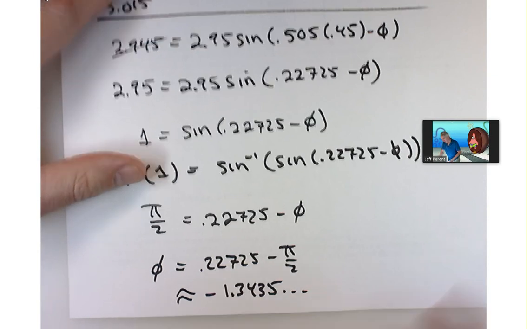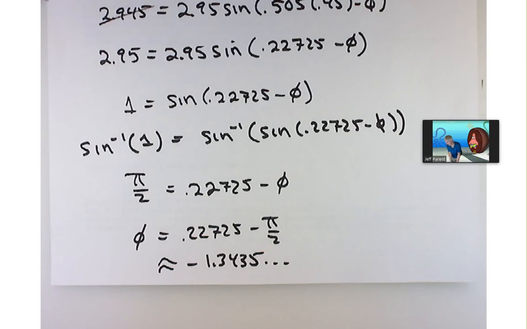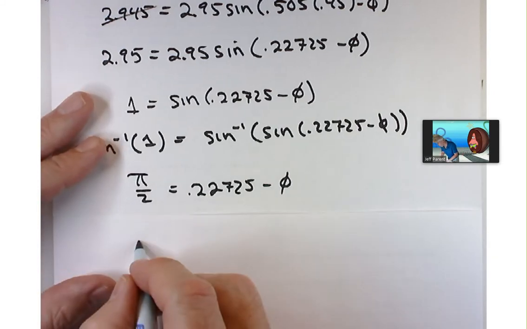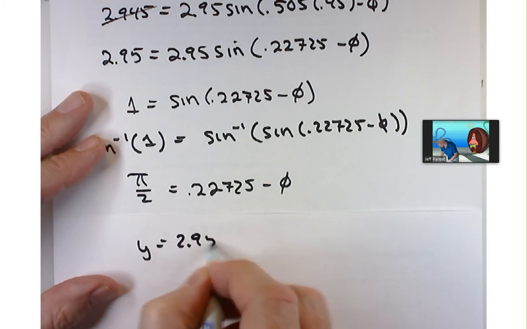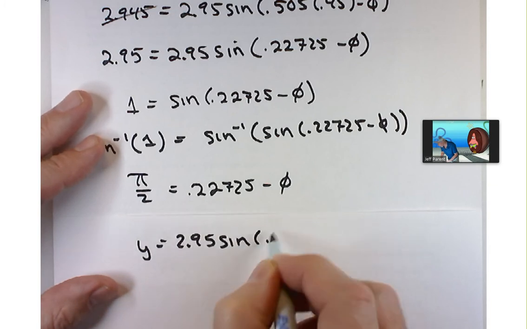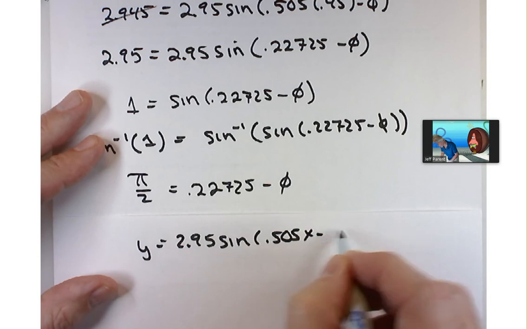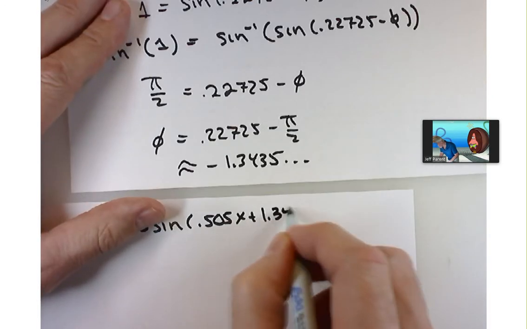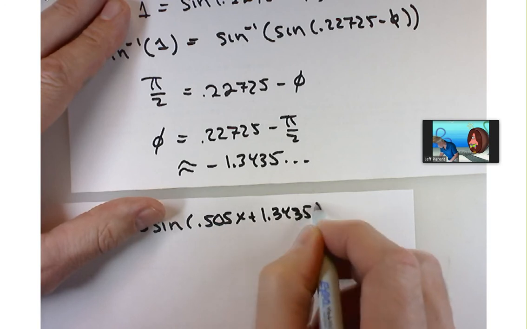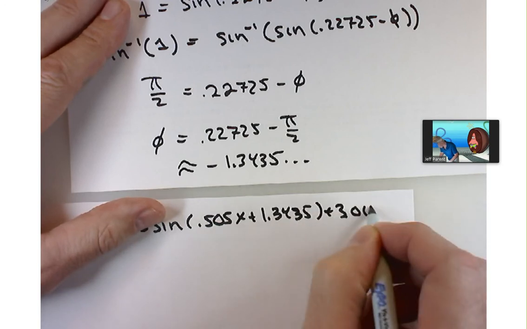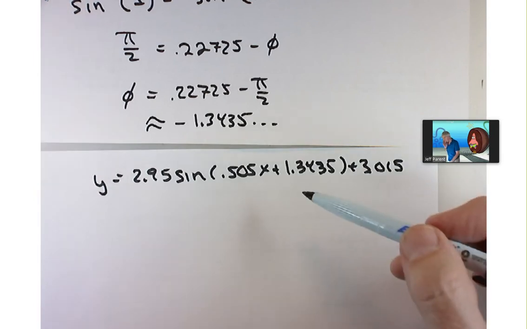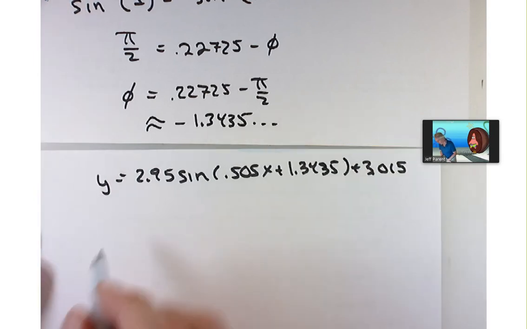So the overall function would be y equals 2.95 sine of 0.505x plus 1.3435, plus 3.015.